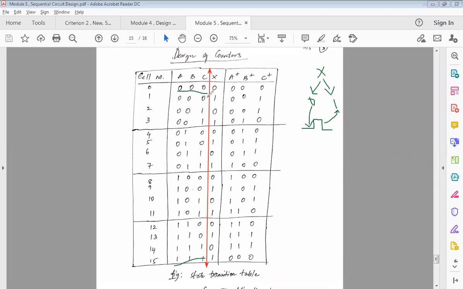Here you can see that for every 0, I have 0 and 1 combinations. For all the binary values, I have to check for both 0 and 1. So from here to here it is 0, this is 0, then this is 1, 2, 3.